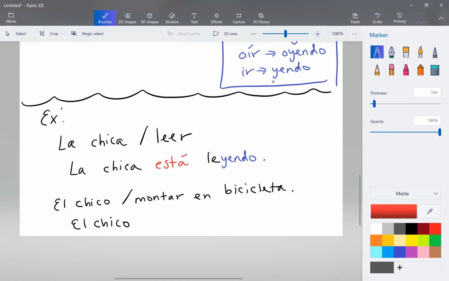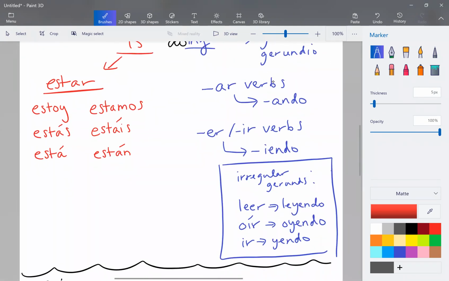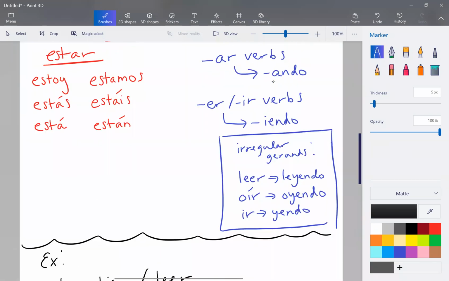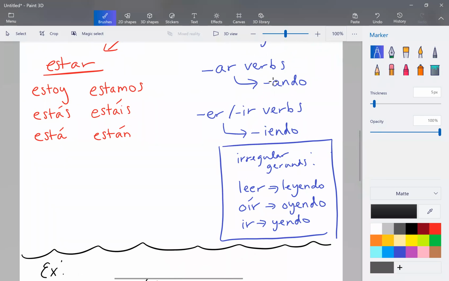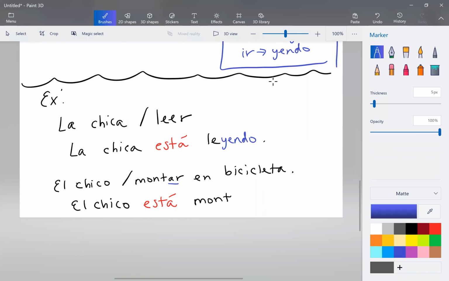Which one? Está. And then we can see that montar has an AR ending. So what ending are we going to add? Ando. Perfect. Está montando en bicicleta.